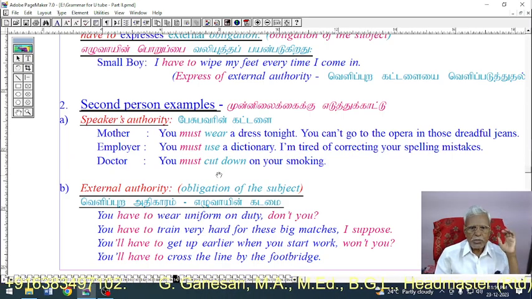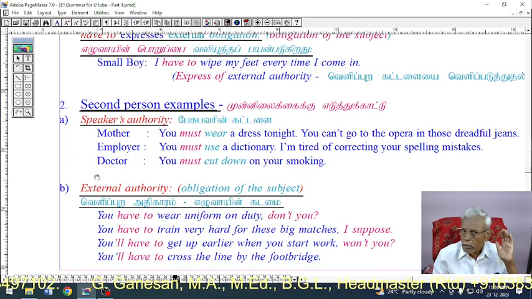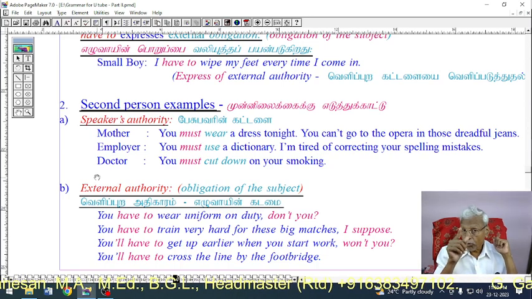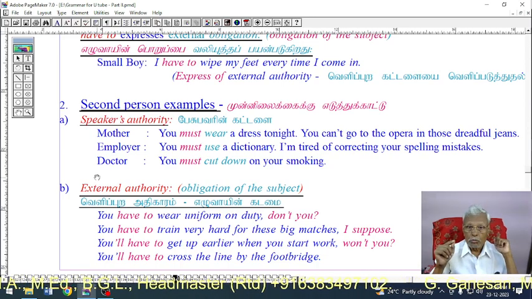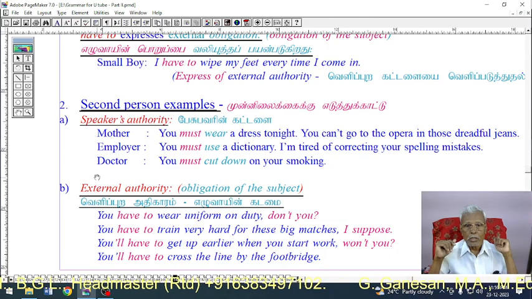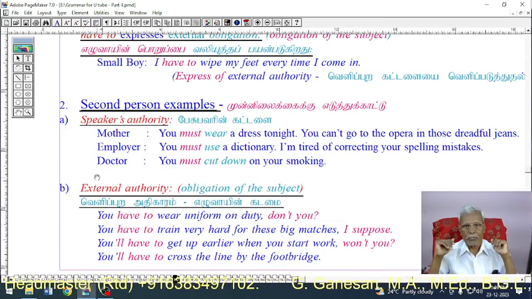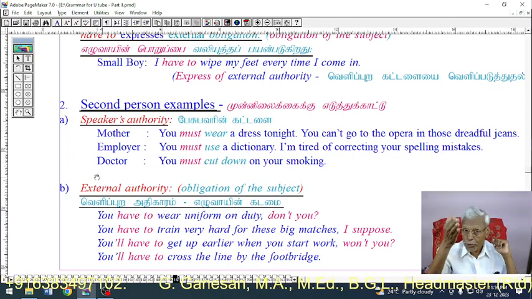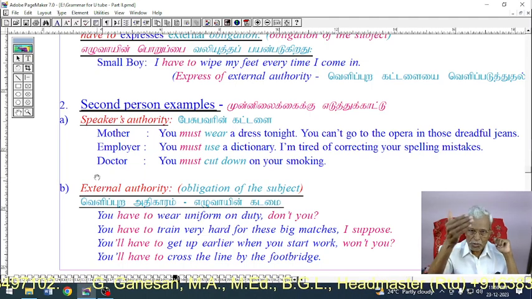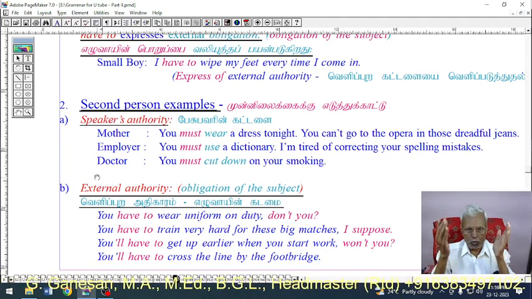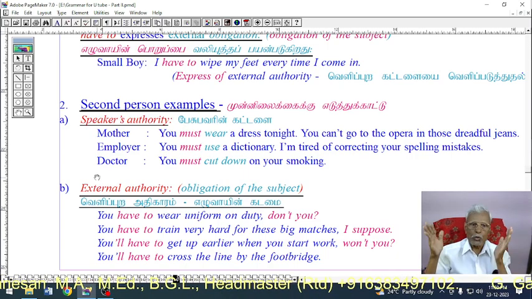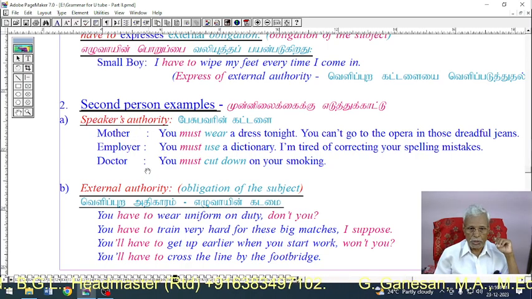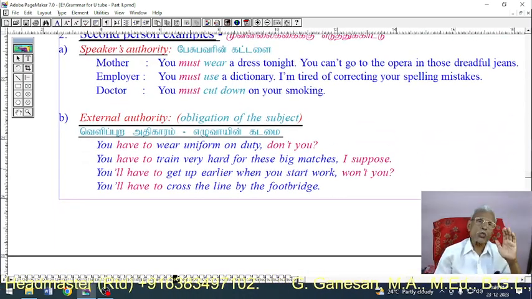Doctor: you must cut down on your smoking. Dear man, you are using more cigarettes. It is your obligation. You must reduce, cut down on your smoking. So it is the authority of the speaker. Then external authority, that is, obligation of the subject.